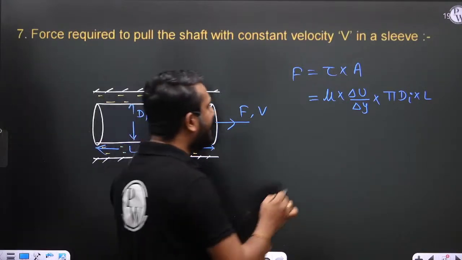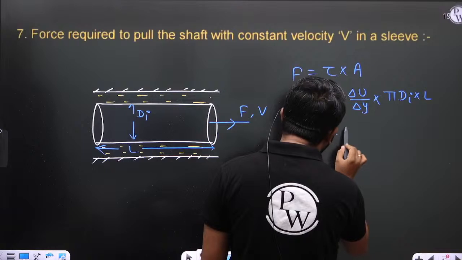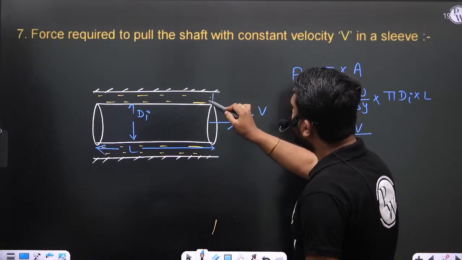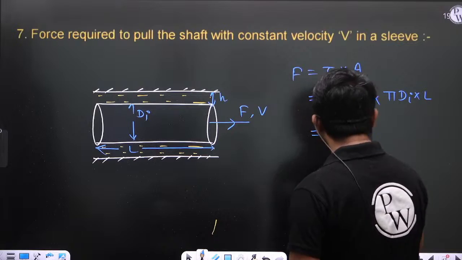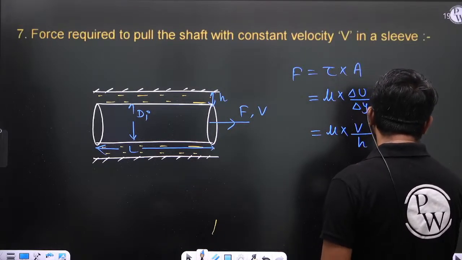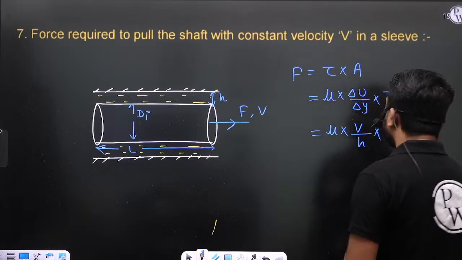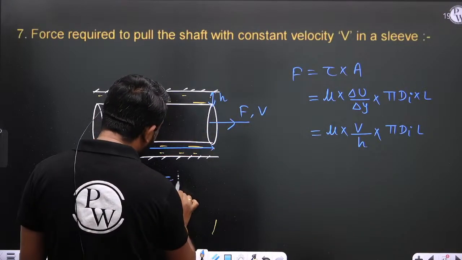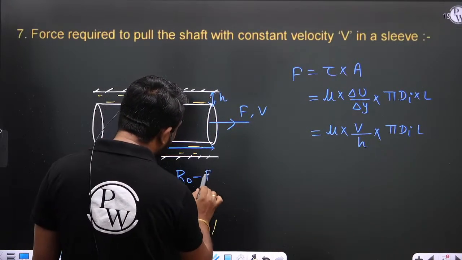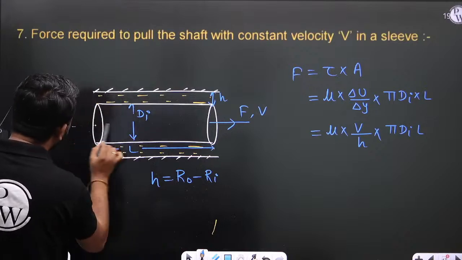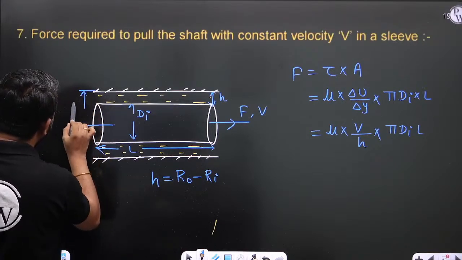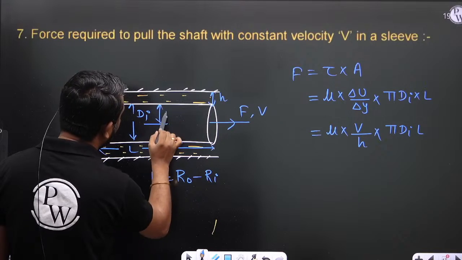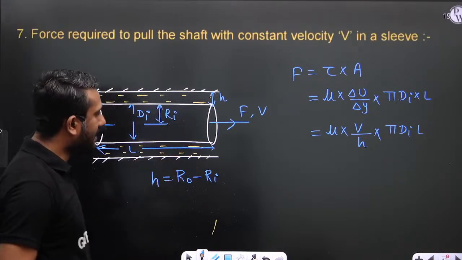And delta U by delta Y is V minus 0 divided by the gap, which is H. And H is equal to R naught minus Ri. This is the R naught, and this is the Ri.